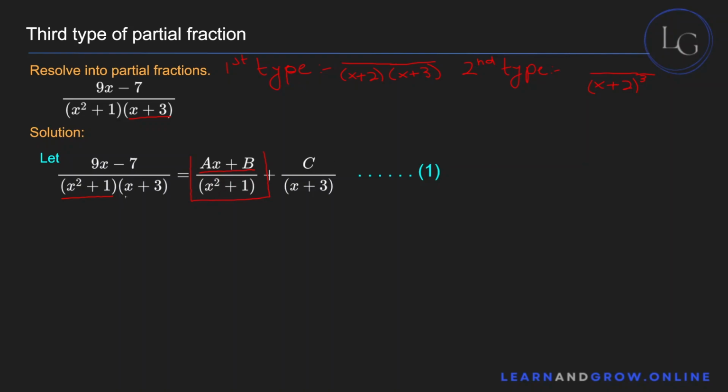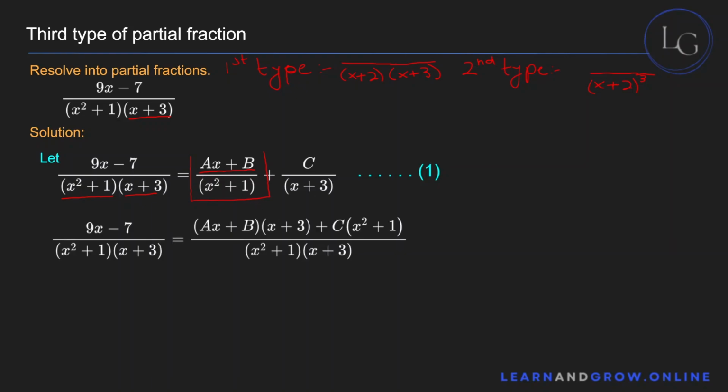And then obviously you have this linear factor as well, the linear expression, and so you'll have to add that into the other partial fraction. Now, as with every other type of partial fraction resolution we've done, you'll take the LCM. So basically you need to get this denominator on the right hand side as well.